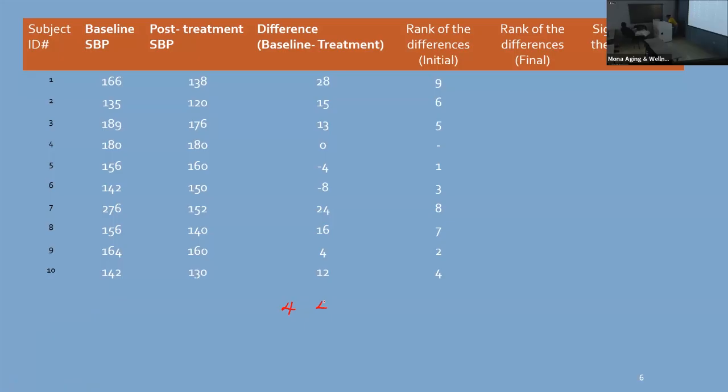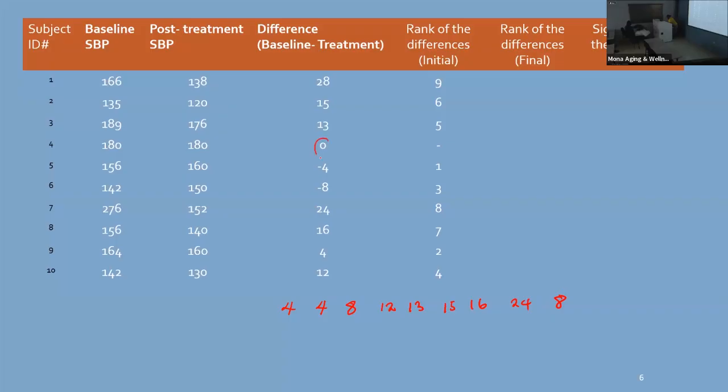So 4, 4, 8. In ranking, in ordering them, you do not consider the signs, just the absolute values. So 4, 4, 8, 12, 13, 15, 16, 24, 28.